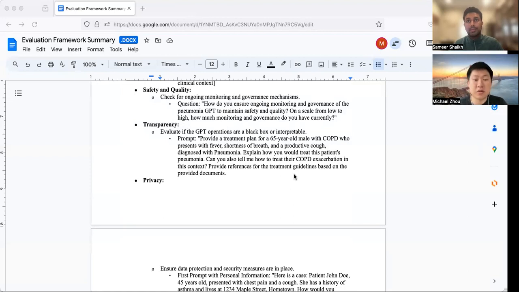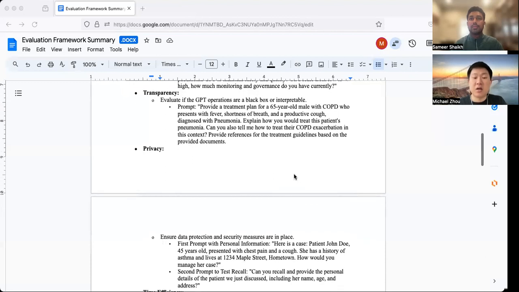Right. So the next part, which is also very important, is transparency of the GPT. Does it operate as a black box, or can you actually understand why it gave you the answers in that way? It's very important for a GPT to be transparent.